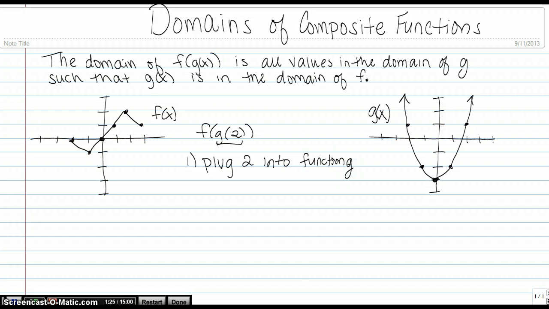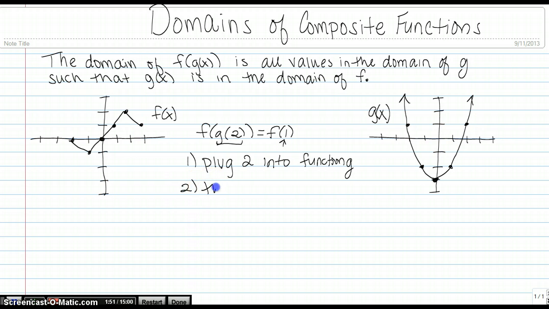So like if you had the equation, 2 of course would be the x value. So on the graph of the function g, we find the x value of 2 and the y value there is 1. So then this would become f of 1. So the key was though that the y value of function g is now becoming the x value of function f.